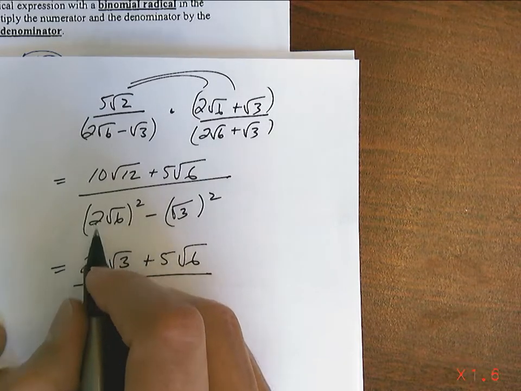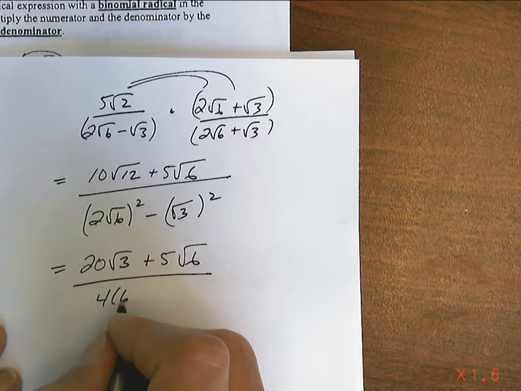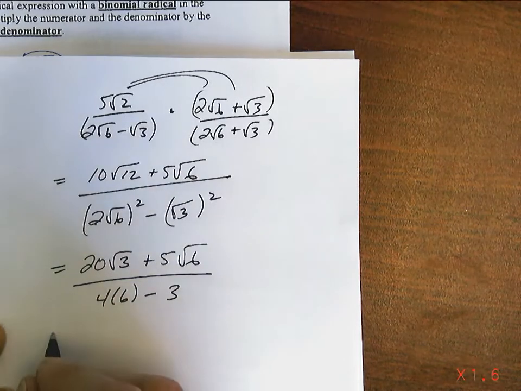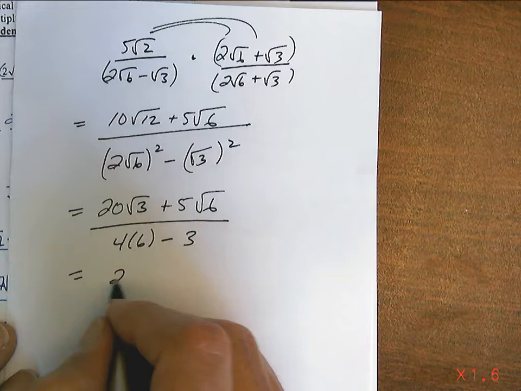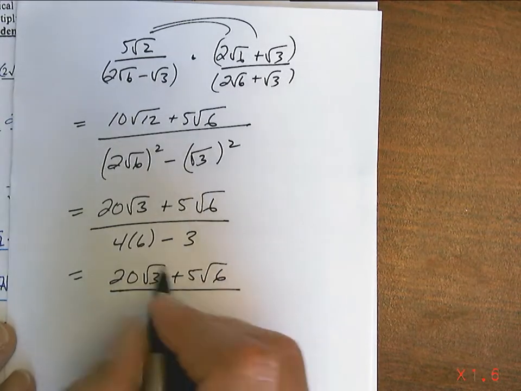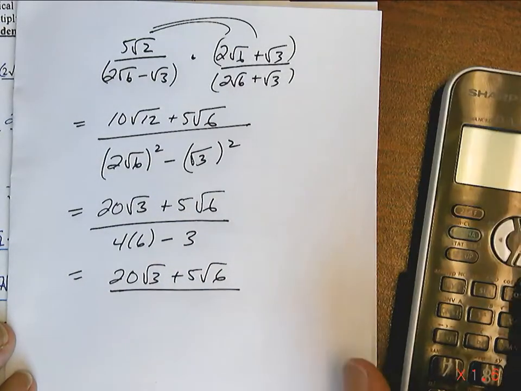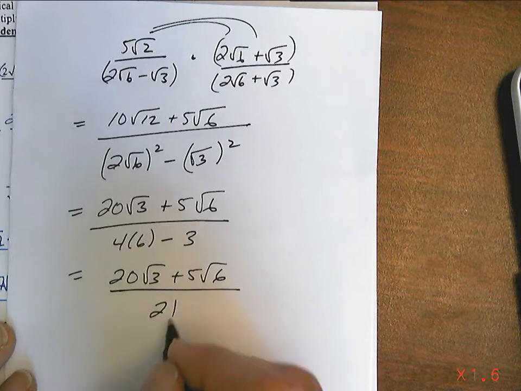Two times 2 is 4. Root 6 squared is 6. Four times 6 is 24, minus 3, 21.